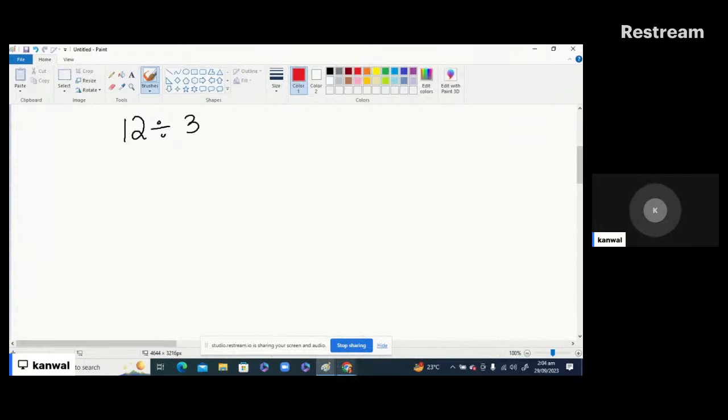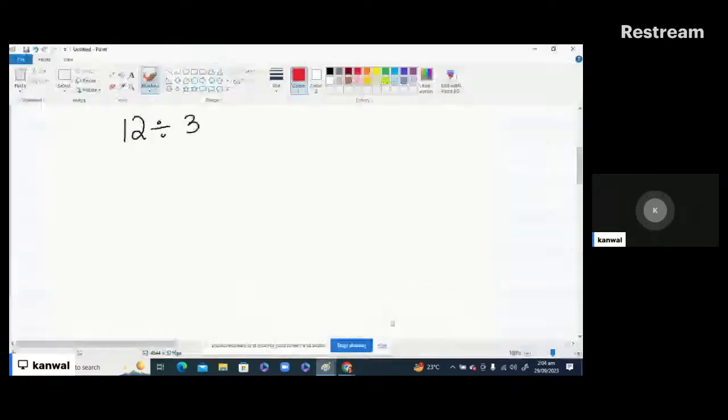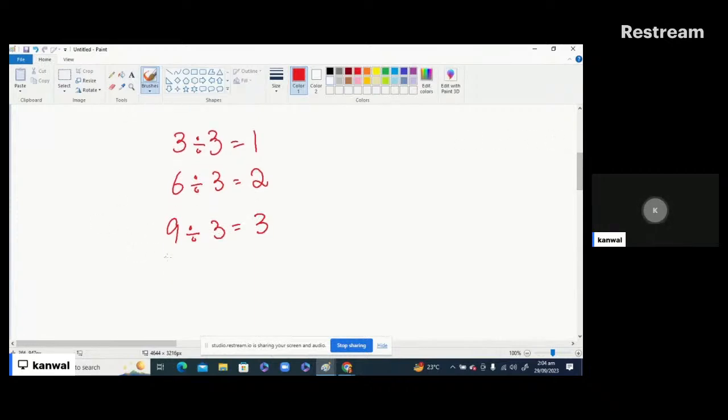If you want to write it out in the form of a table, this is also right. 3 divided by 3, the answer is 1. 6 divided by 3, the answer is 2. 9 divided by 3, the answer is 3. Then 12 divided by 3, the answer is 4. How can we write all these answers in this way? This is the table of 3.